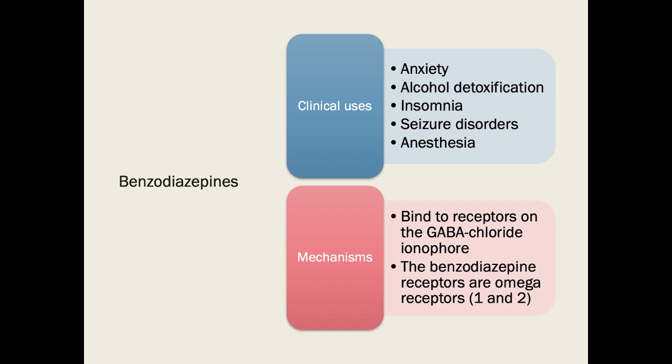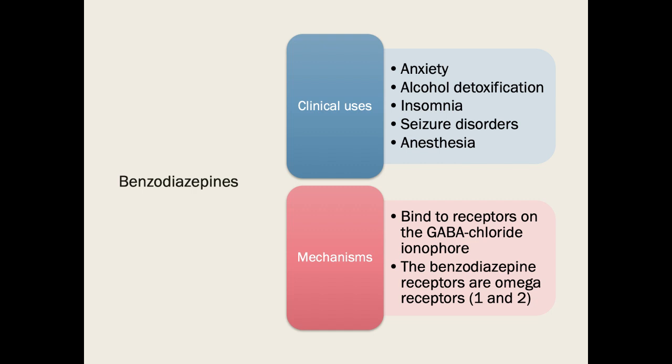Our benzodiazepines, our benzos, you'll see your patients on these for chronic anxiety. Maybe they take a benzodiazepine every day, maybe just when they're feeling a little anxious. Also really great medicines for patients who are withdrawing from alcohol.